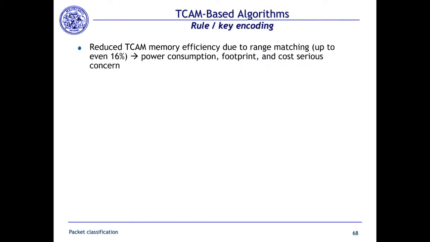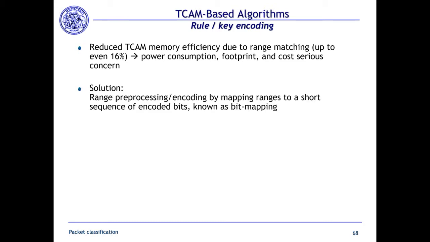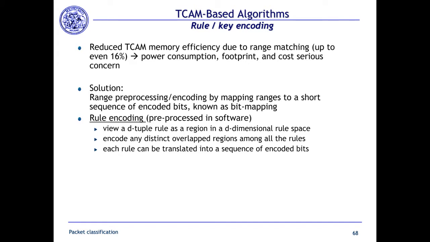So this means that you reduce the memory efficiency due to range mapping, and this means higher power consumption, larger TCAM, and higher cost. So the solution is to adopt pre-processing or an encoding operation before writing an entry into the TCAM. If it is a range, then it is treated in a different way compared to the regular expressions that are based on the prefix format.